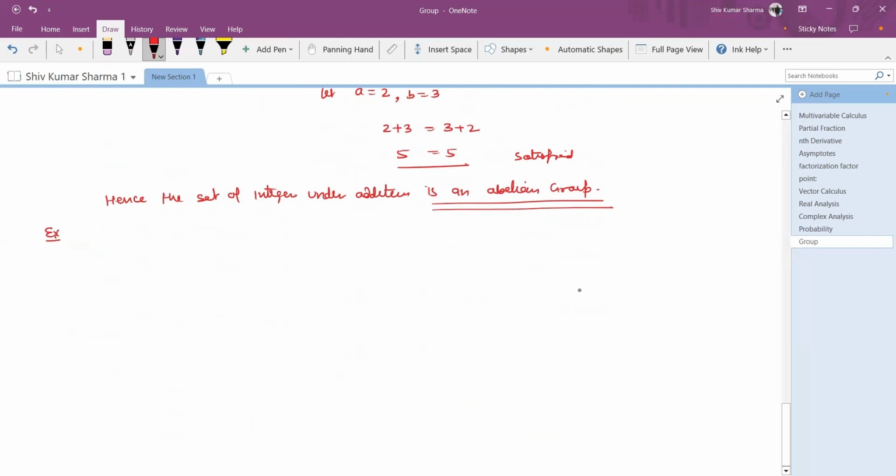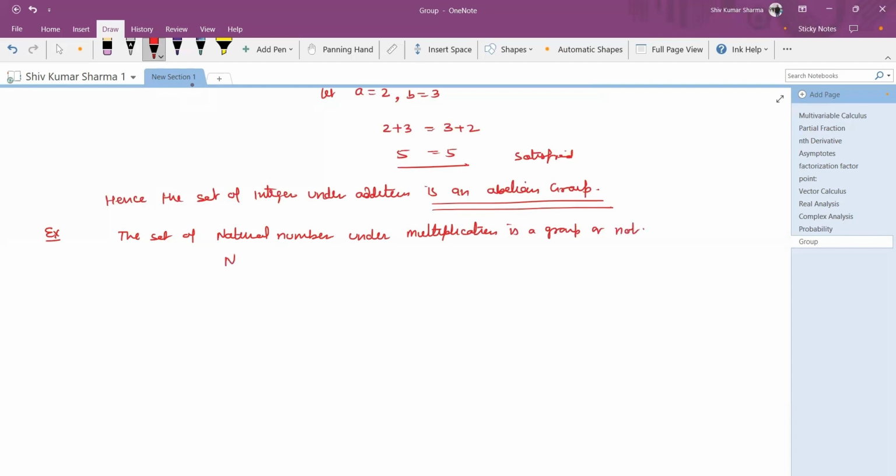We start similarly from the set of natural numbers. Is the set of natural numbers under multiplication a group or not?